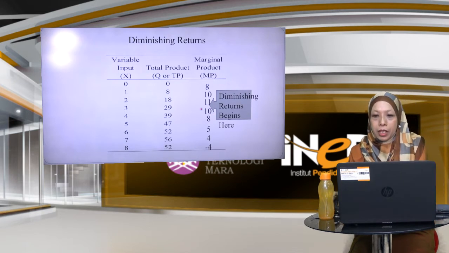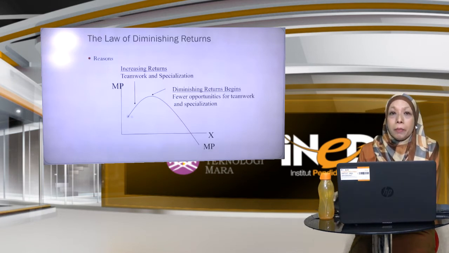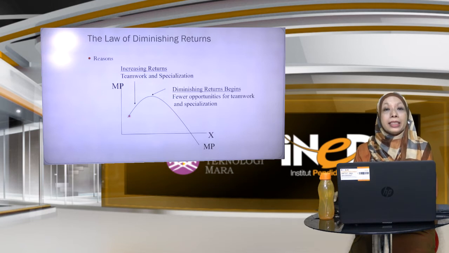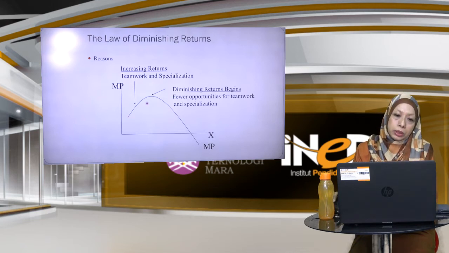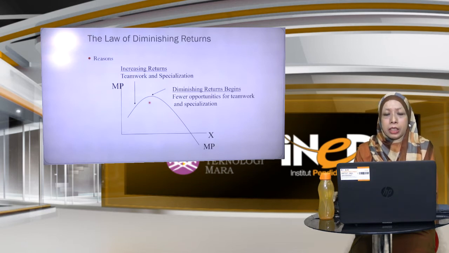Given your marginal product curve, you can see that when your marginal product curve increases, this is what we call increasing returns. One of the reasons why firms experience increasing returns is because there is teamwork and specialization, so people become more efficient.